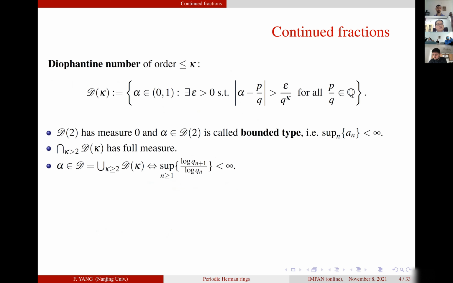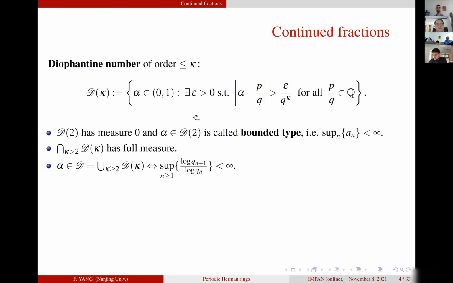What is the Diophantine number of exponent less than or equal to kappa? It is defined as the set of all alpha such that it has some estimate of its distance to all rational numbers. We write the precise definition here.